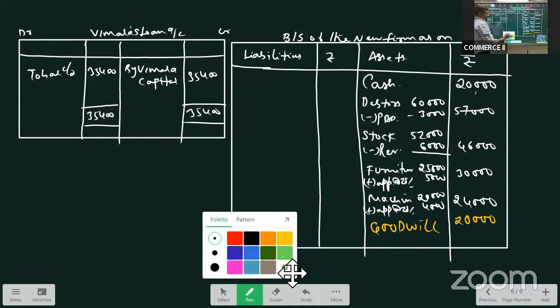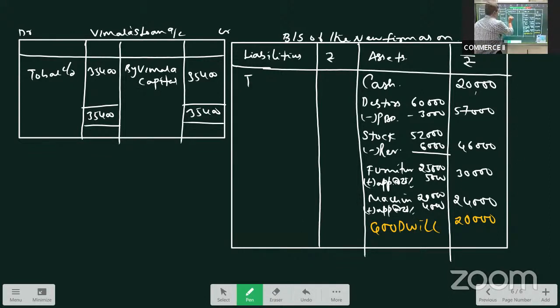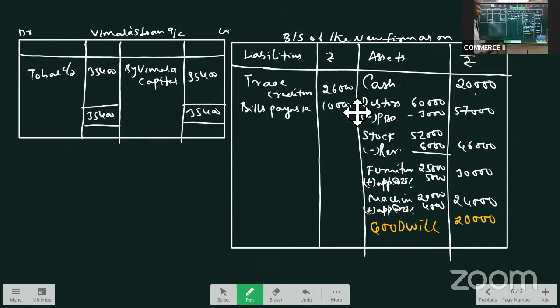Now let us take the liability side. What are the items? Trade creditors. Creditors are given as 26,000. So trade creditors 26,000. Bills payable 10,000. Then general reserve.